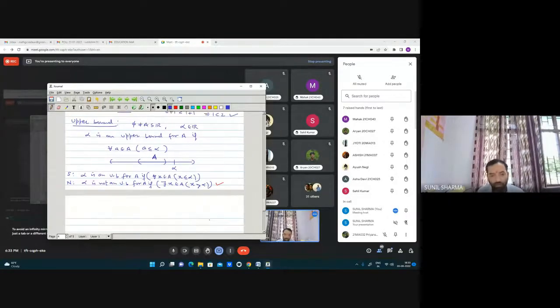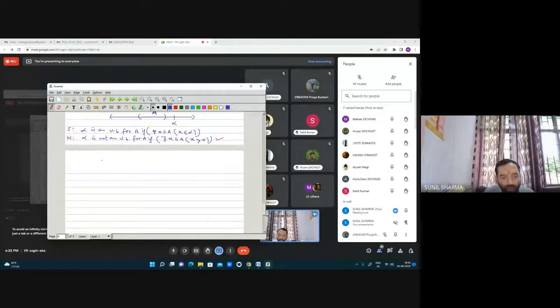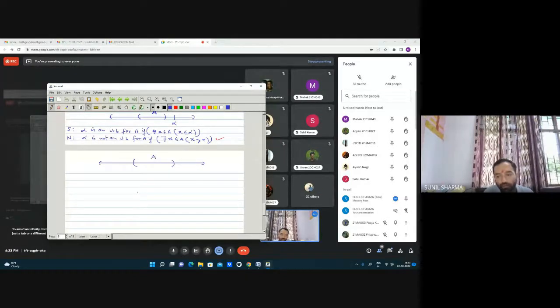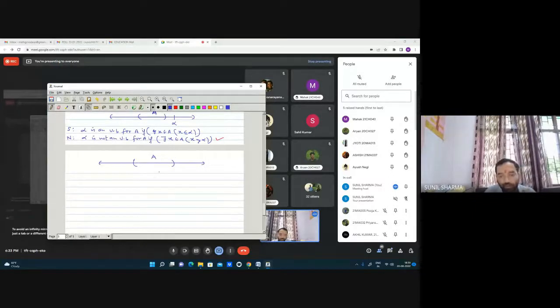Okay. So can you tell me, if I take this as my set A, and alpha is not an upper bound, where does alpha lie? It lies here or here?